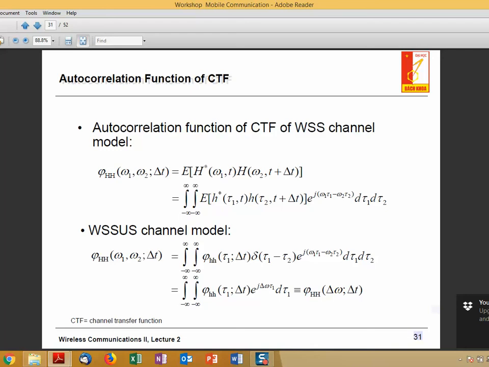And now we need to replace the transfer function by the channel impulse response.